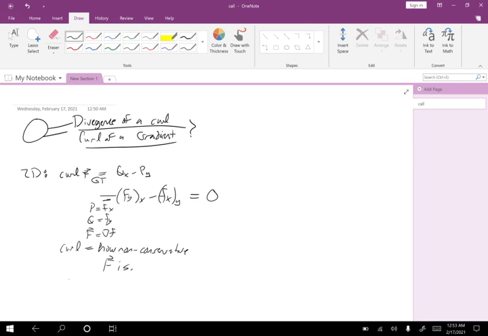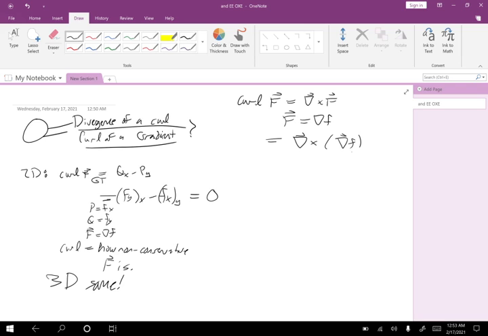So it turns out in 3D it's the same. Same exact interpretation. So the curl is a cross product of our vector field with the gradient. So in the case that f is a gradient itself, look what happens. We get the gradient cross the gradient.